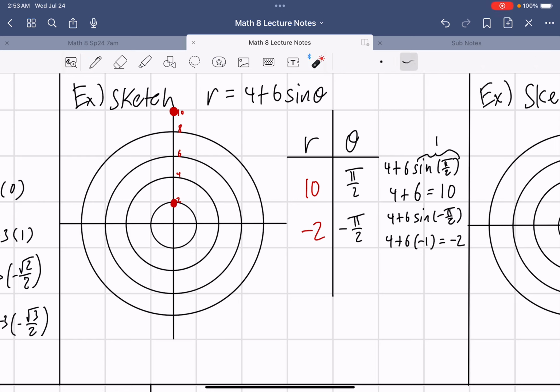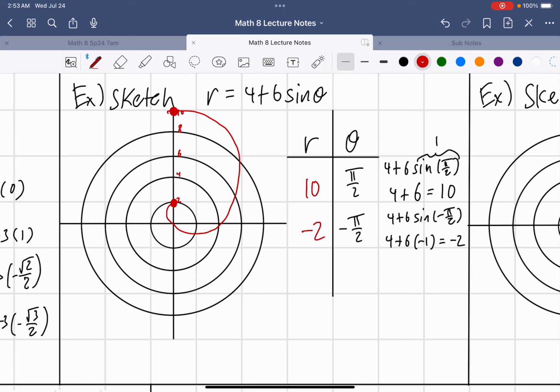But remember what I said. If these 2 points are on the same side of that axis, I know this has to be our loop example. Go here.